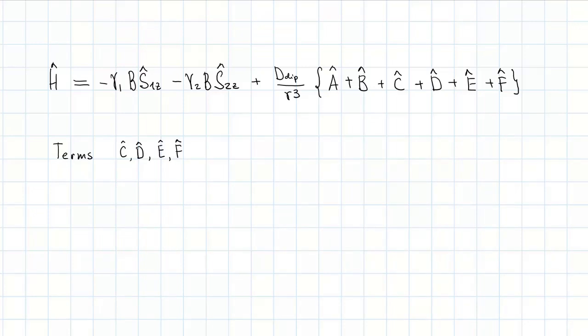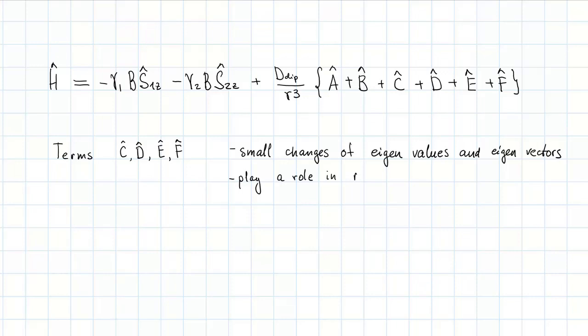Obviously, adding them into the consideration will further complicate the calculation of eigenvectors and eigenvalues. However, it can be shown that their effect on the eigenvectors and eigenvalues is very small under usual experimental conditions. More often, they play a role when relaxation processes are described.